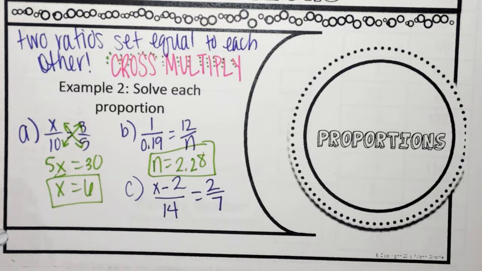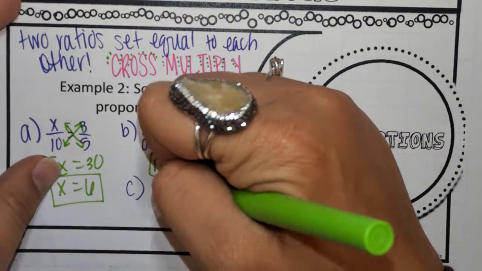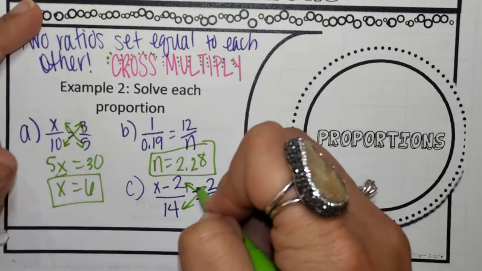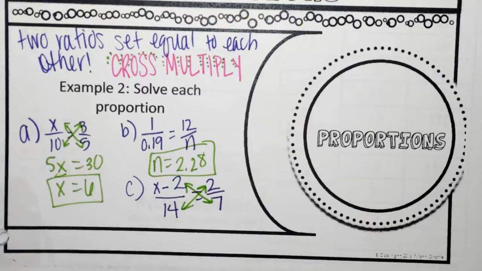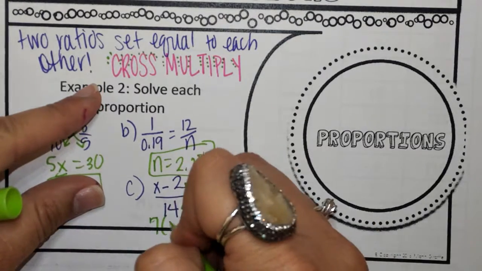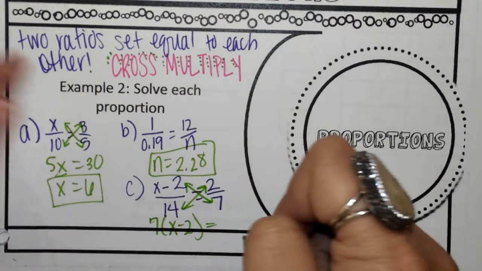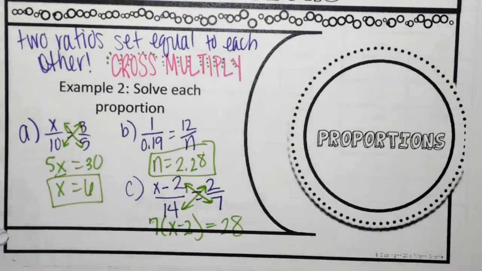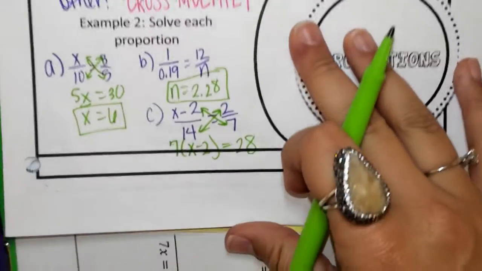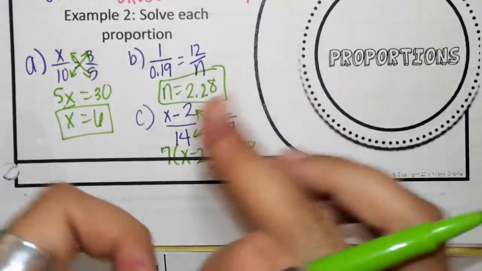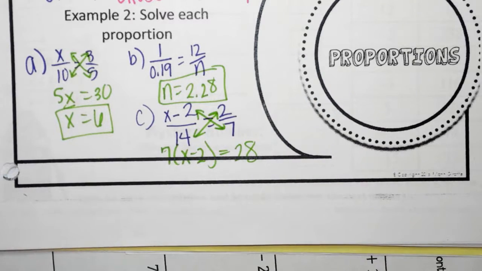You still do the same thing. And you distribute. Take a point. Because you have to multiply the 7 times everything that's on top. So you can write it two ways. You can write it as 7 times (x minus 2) equals 28. Or you can go ahead and distribute that. I like to write it in parentheses so that I know what I'm going to do and I don't miss any steps personally.